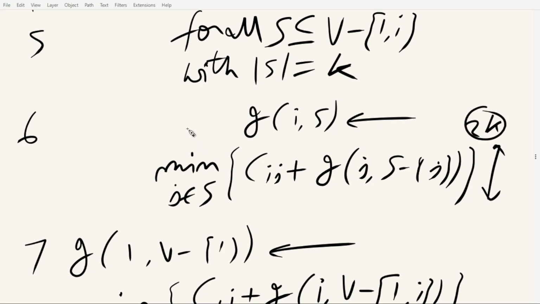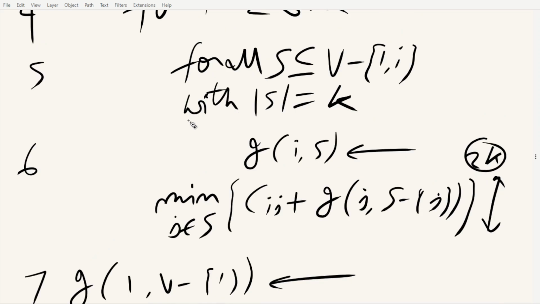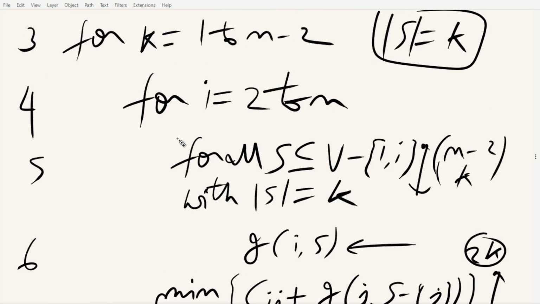And if we consider the for all loop at line 5, here we have n minus 2 vertices, and we have to choose k vertices. So this takes n minus 2 choose k possibilities, and line 4 is executed n minus 1 times.